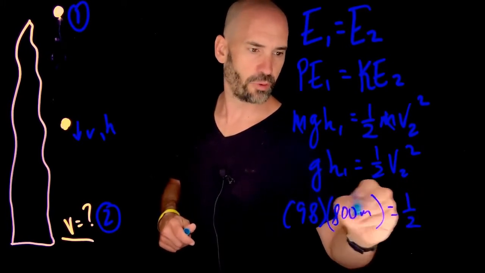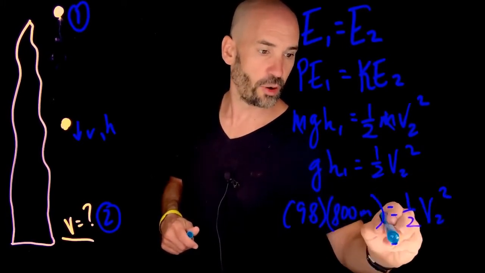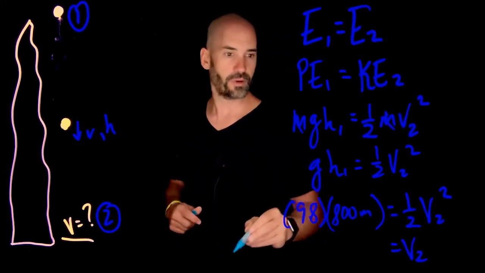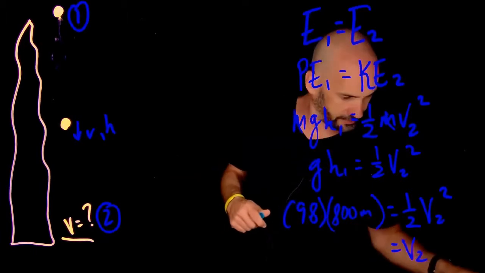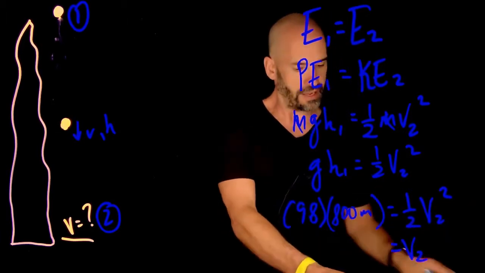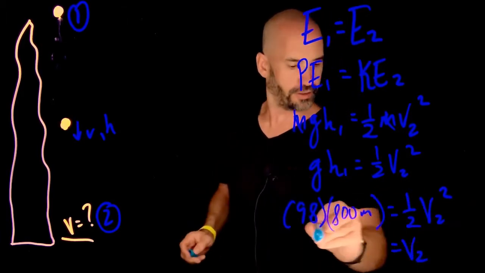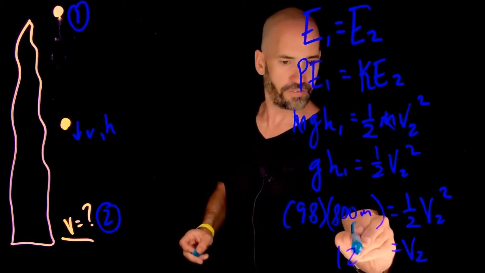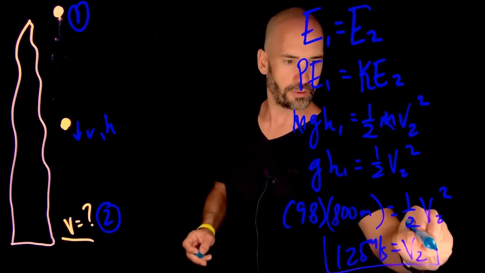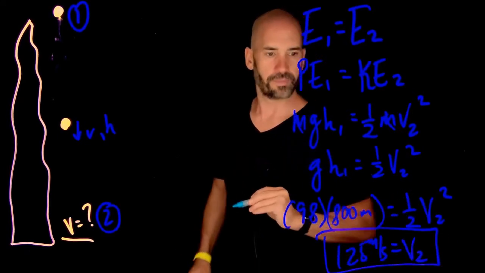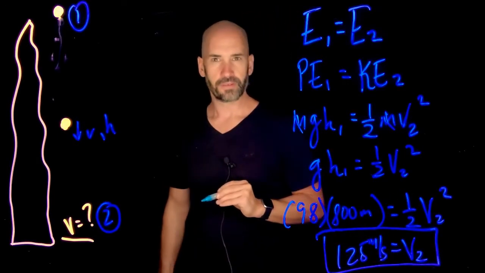And that's times 1/2 v2 squared. So I go ahead and solve for v2, right? Multiply by 2, take the square root of this product, and I get a value of 125 meters per second. Okay? That's my value for v2.